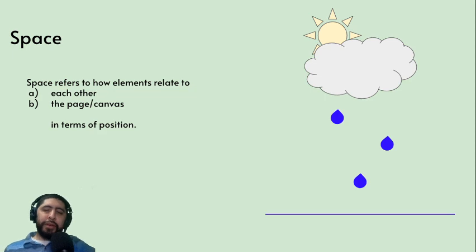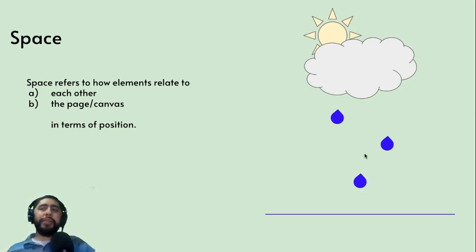Separately, what we have here is a sun, a cloud, water drops, and a line. If we take each of them separately, it's just that, but when we put them in context of each other, we have a little scene in our head now. Whereas putting a cloud blocking the sun and these water drops, we assume those are coming from the cloud, right?